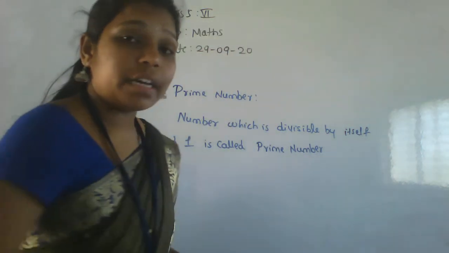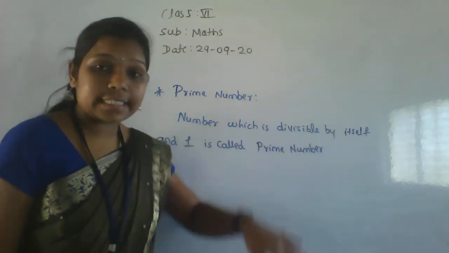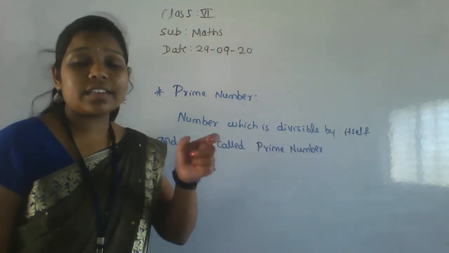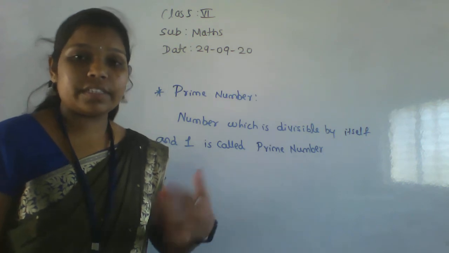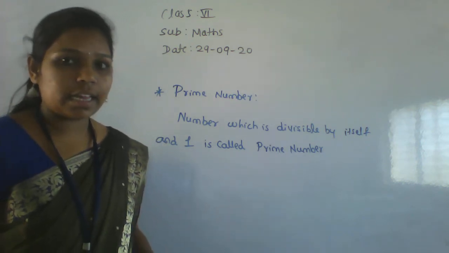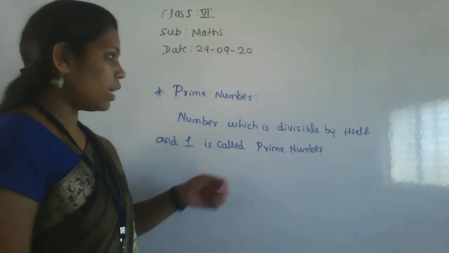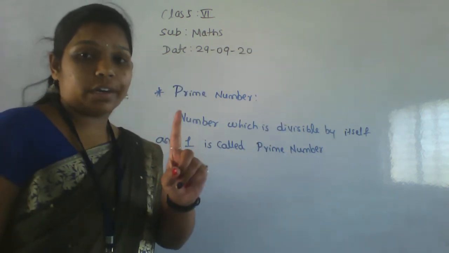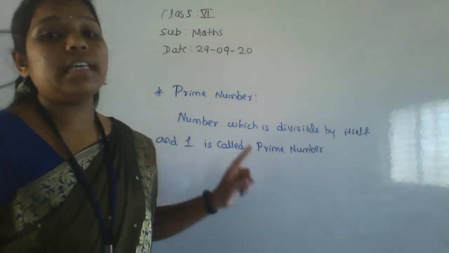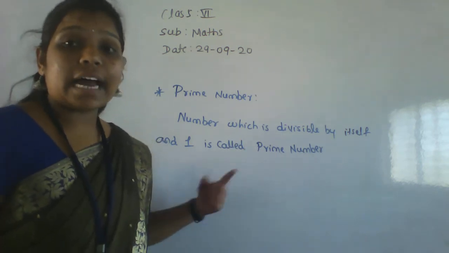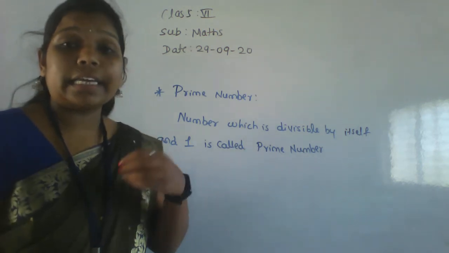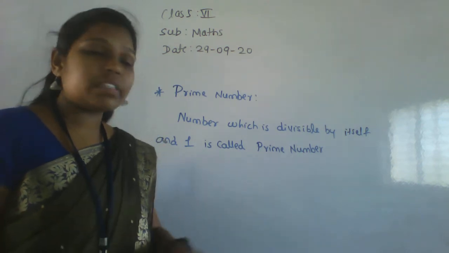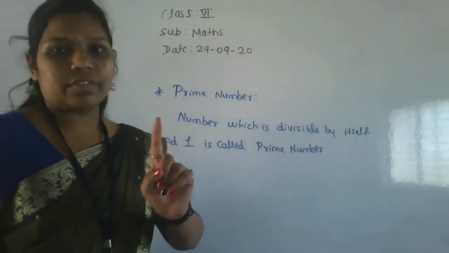The number which is divisible by itself means whatever the number given, that number is divisible by itself only. That we all know. So the number which is divisible by itself and 1, that number is called a prime number. Means that number is not divisible by any other numbers, only by these two, itself and 1.